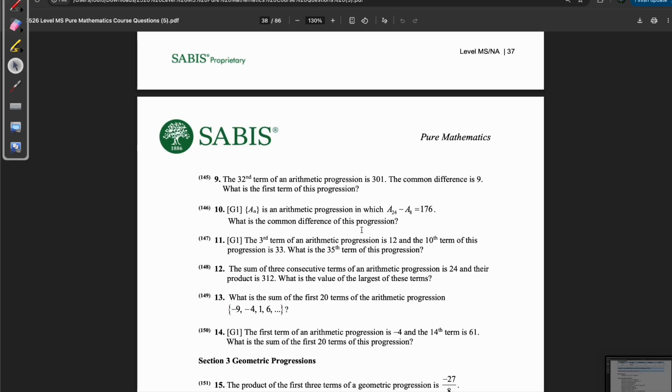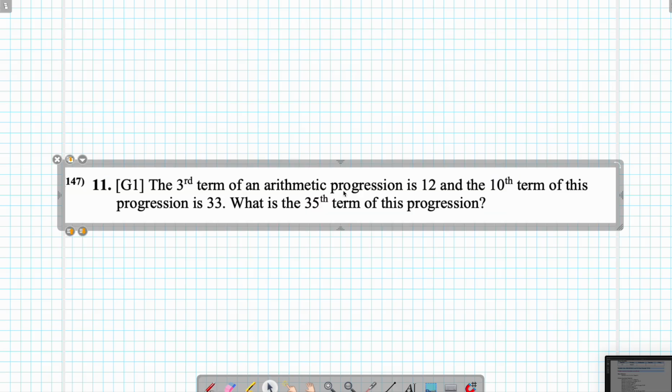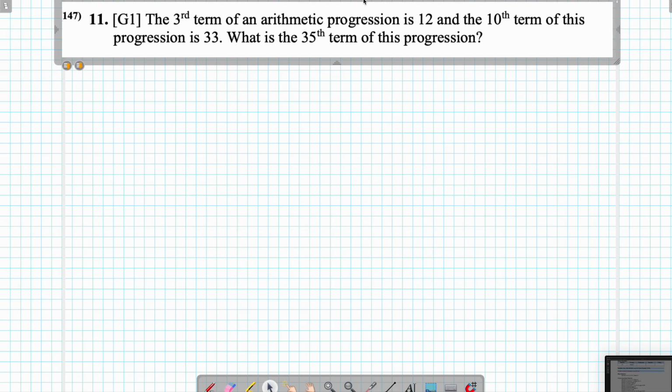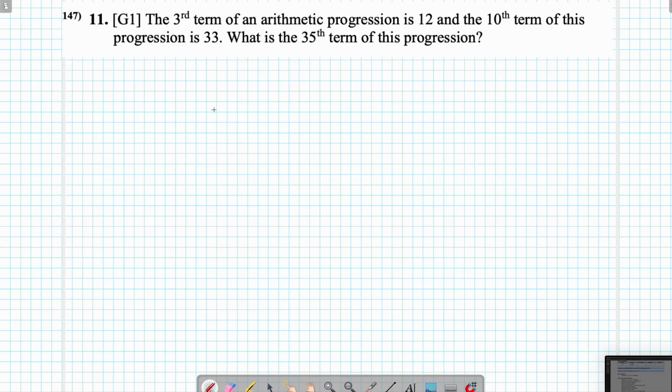Number 11. The third term of an arithmetic progression is 12, and the 10th term of this progression is 33. What is the 35th term? Okay, let's do this. This came in the CA today, by the way, so this is probably going to come in the periodic. Again, same rule.